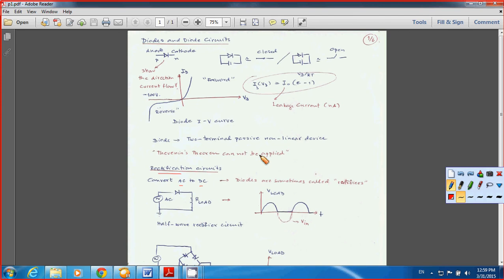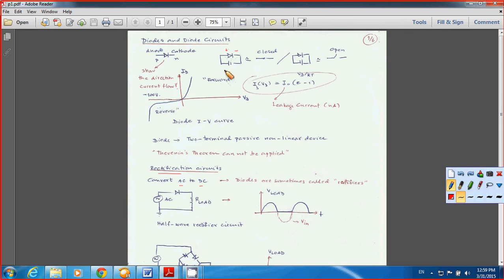So let's start with the symbol. This is the diode symbol. You have the anode and the cathode, and this is a p-n junction. This is the p-type, and this is the n-type semiconductor. To connect the circuit, if you connect it like this, you have the positive voltage applied to the anode and the negative supply voltage to the cathode.